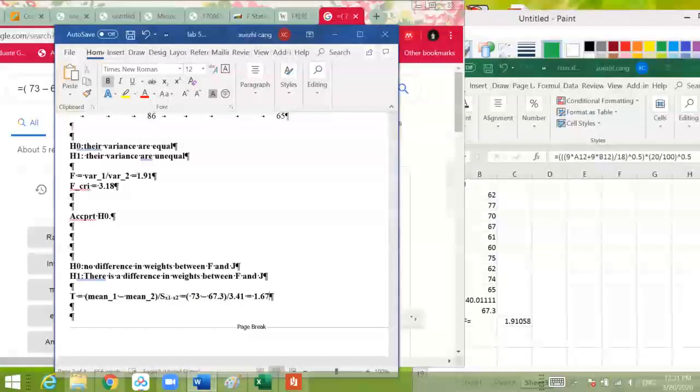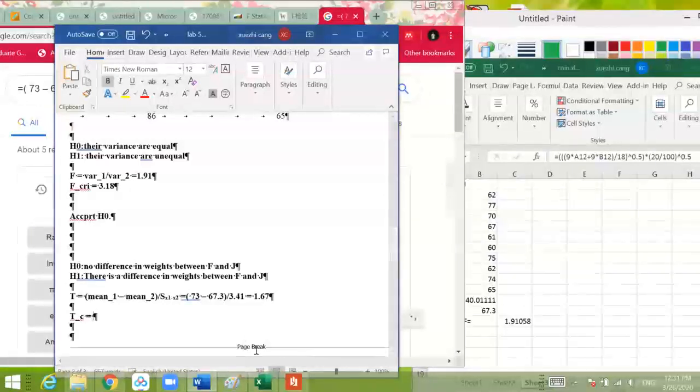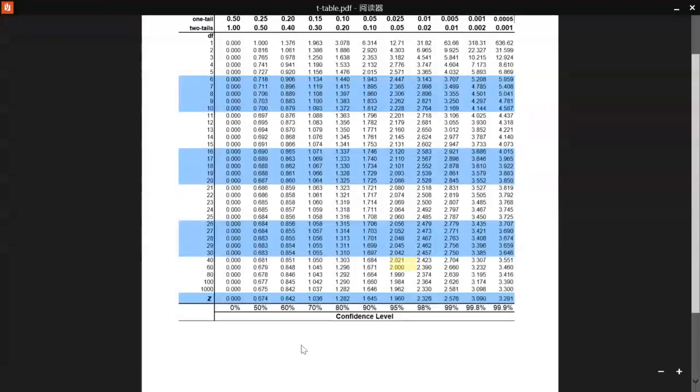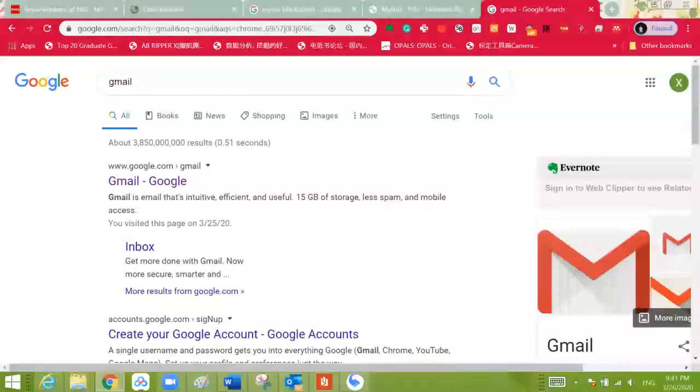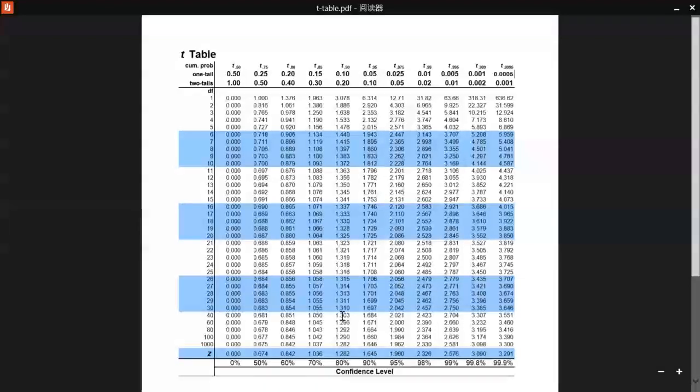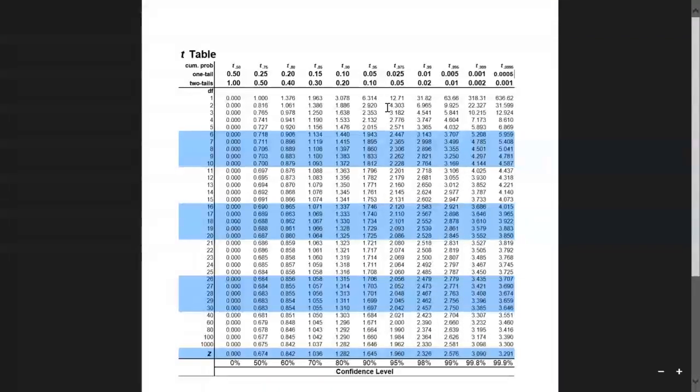So next we need to figure out what is the critical t-value. We need to open our t-table again. In this t-table, first we need to figure out what is the significance level. Because alpha equals 0.02, we need the data in this column here. And then we need to figure out the degree of freedom.